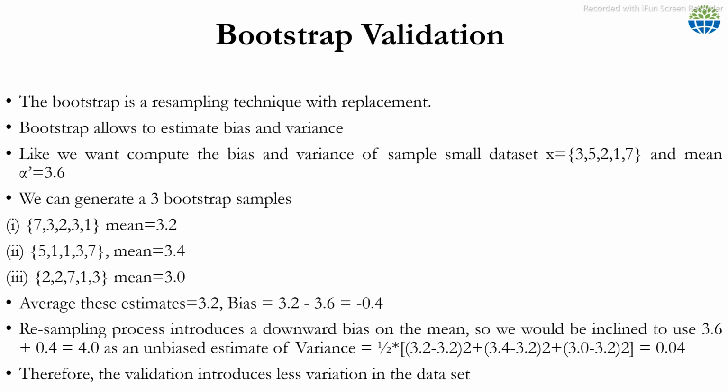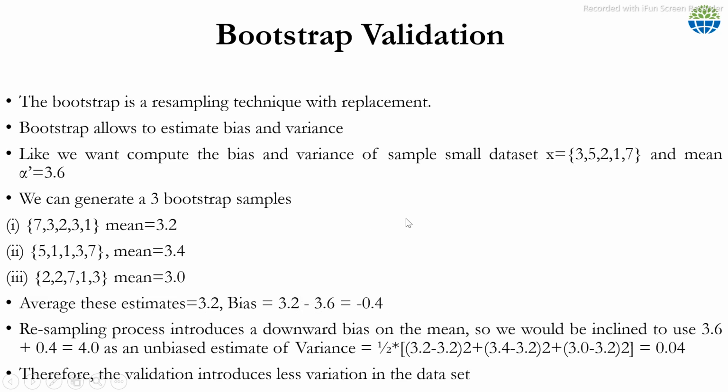So how do we calculate the bias? It will be 3.6 minus 3.2. Because the average estimate is 3.2 and the actual value of the sample is 3.6, 3.2 minus 3.6 equals minus 0.4, sorry.